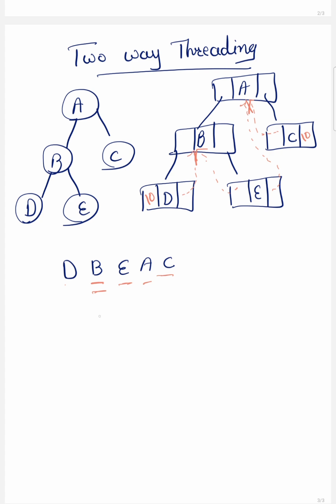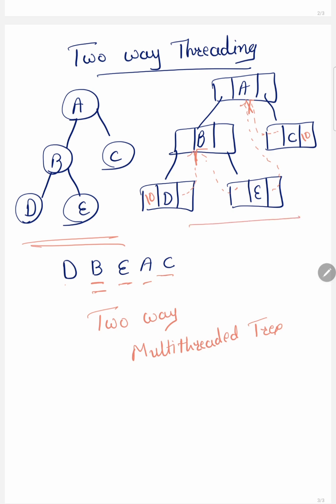So that is called two-way threading, or it can also be called a multi-threaded tree. That's a single threaded tree, and this one is a multi-threaded tree, right? Here we have both the left thread and the right thread. This one is the linked structure.